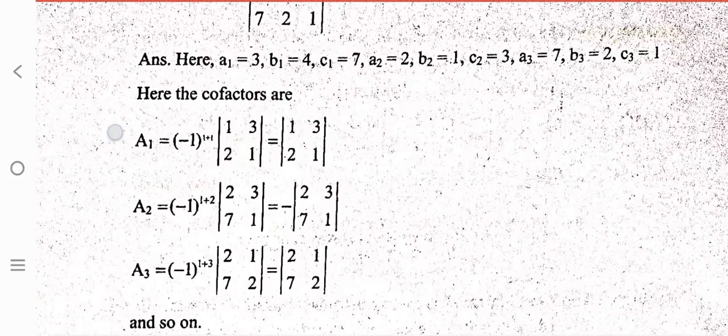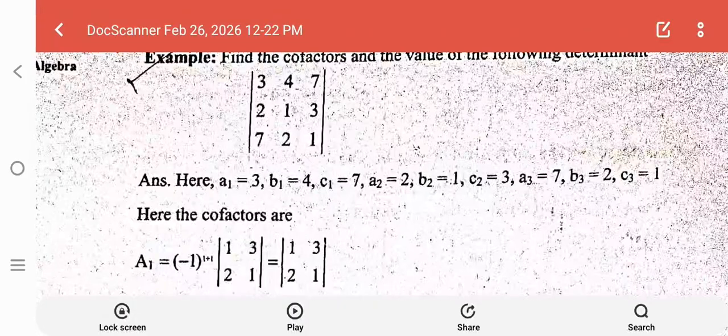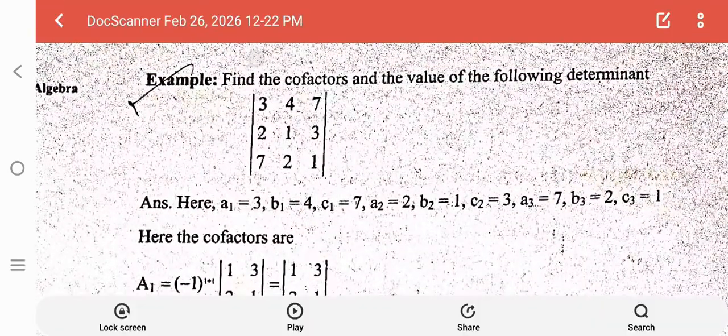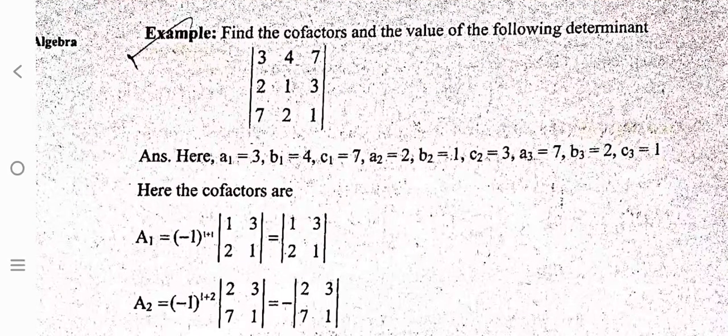So the first cofactor we can denote is A1. The element 3 is in the first row and the first column. Just removing these values like before, we have a lower, second order determinant which contains just the elements 1, 3 and 2, 1.